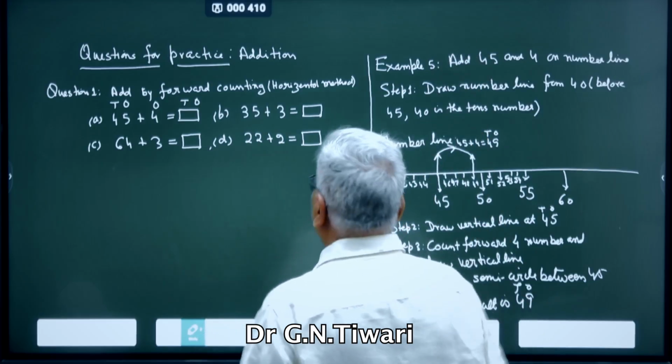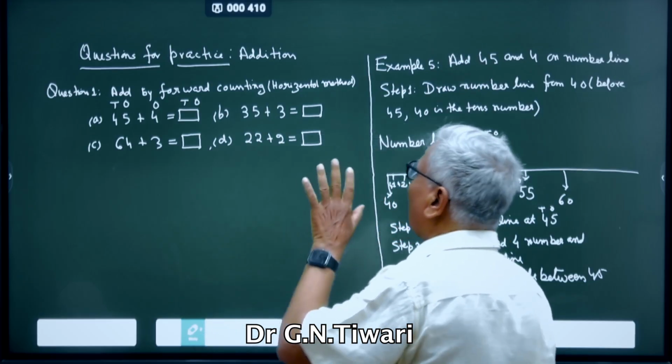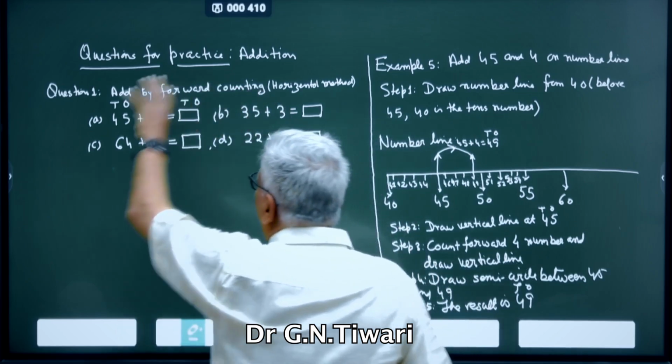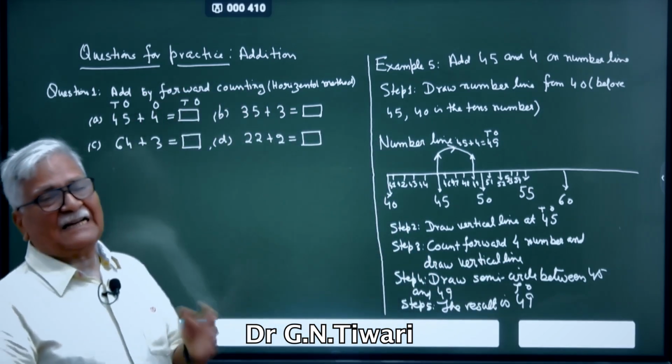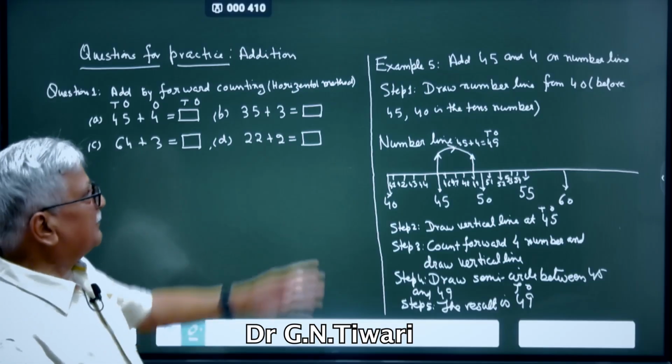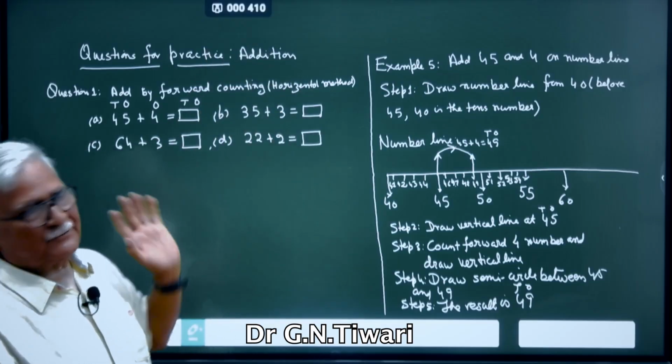This is how the number line can be done. I request you to do all this calculation by forward counting for practice and also by the number line. The methodology I have already explained to you.